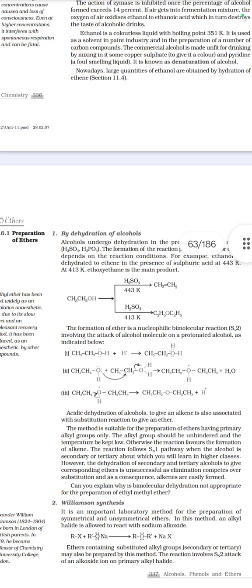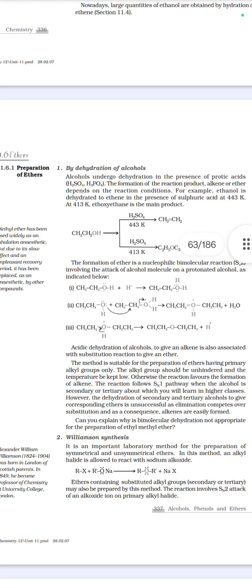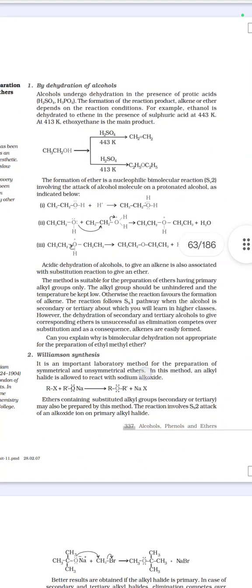Preparation of ether by dehydration of alcohol. Alcohols undergo dehydration in the presence of protic acids, H2SO4 and H3PO4. The formation of a reaction product, alkene or ether, depends on the reaction conditions.